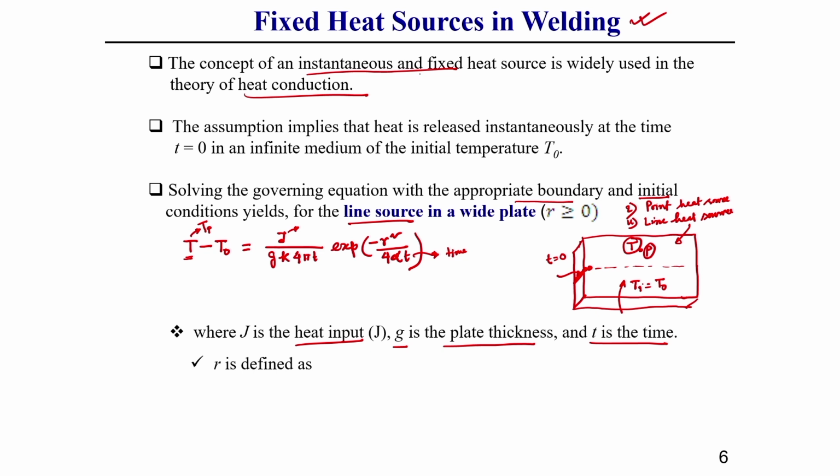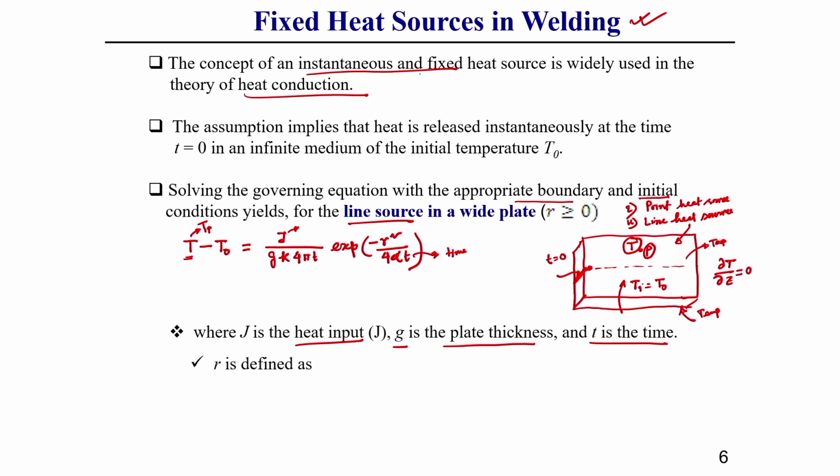And here one thing you should keep in mind: in a line heat source, the top side temperature and bottom side temperature are the same. So, in the case of a line heat source, through the thickness the temperature gradient is 0. That is, del T by del z, in the thickness direction, is equal to 0.